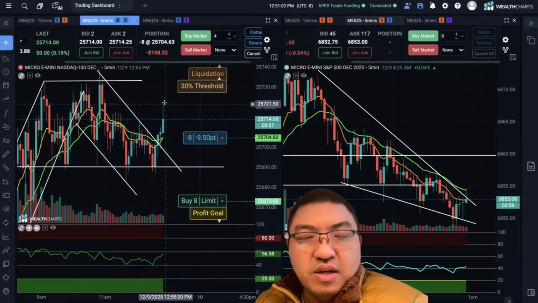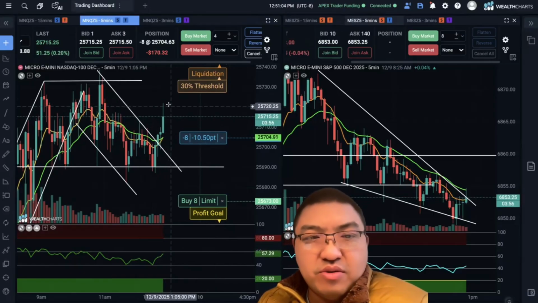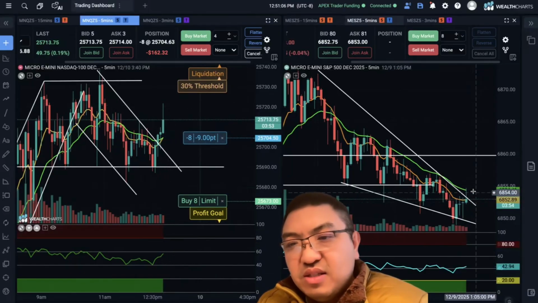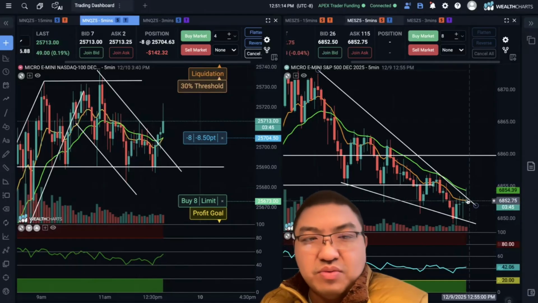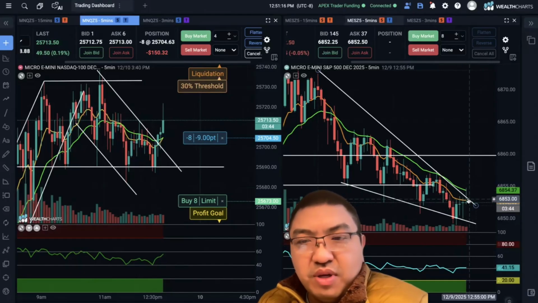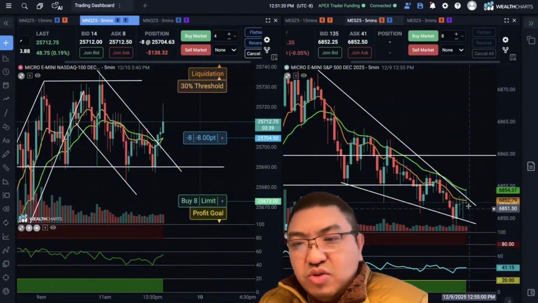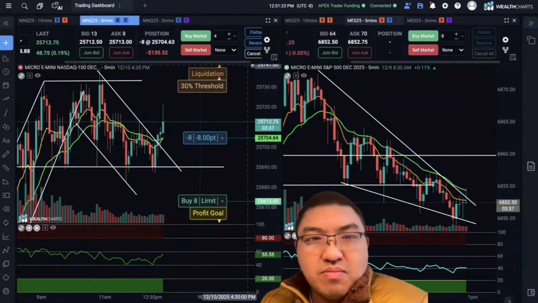Okay, because NQ has something so huge, but ES does not have so much, so it could probably be a liquidity sweep. ES does not have an equivalent big move, so that could be a fake signal. We'll see. ES showing downward stance.